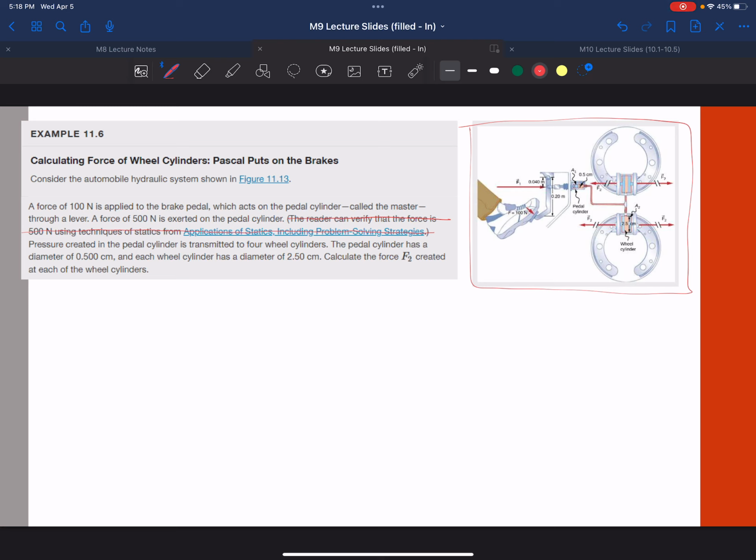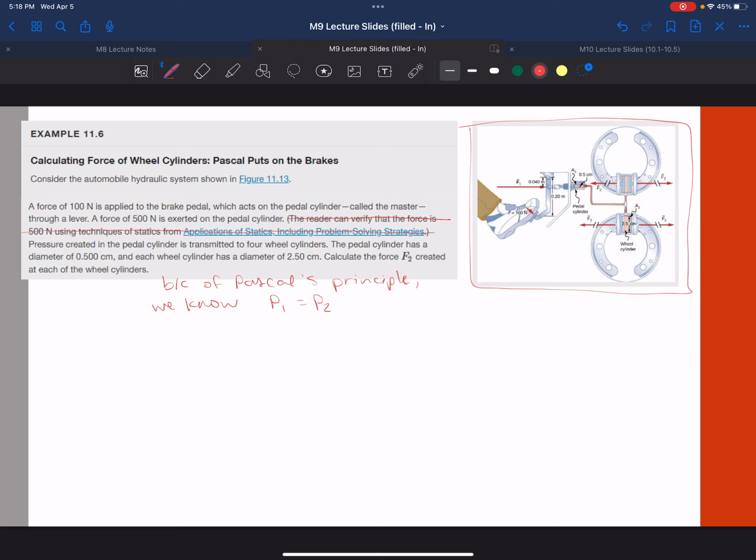Because of Pascal's principle, we know that P1 is equal to P2, meaning the pressure that is exerted to part 1 will be exerted to part 2.